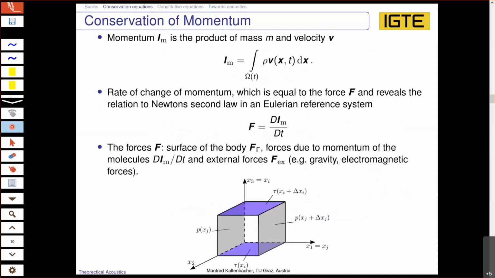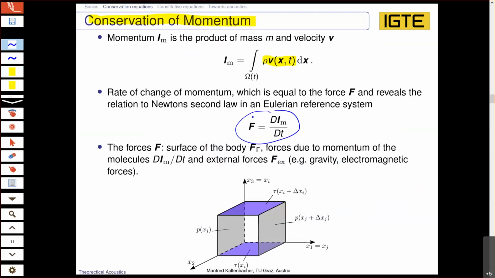Okay, on the other hand, we have the very famous conservation of momentum. Momentum, as you know, the total momentum is the volume integral of the product between density and velocity as written here. And again, we are interested here in the total change of the momentum.